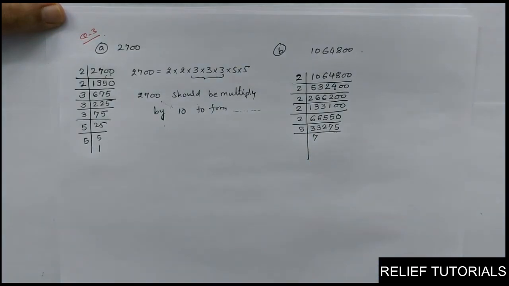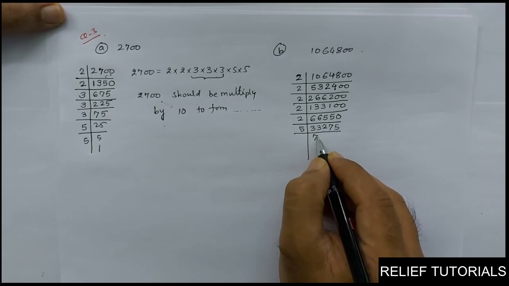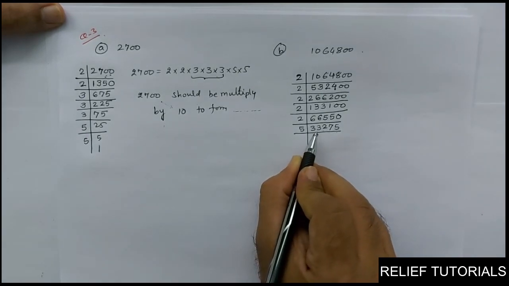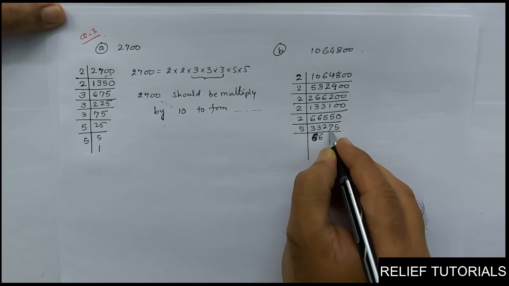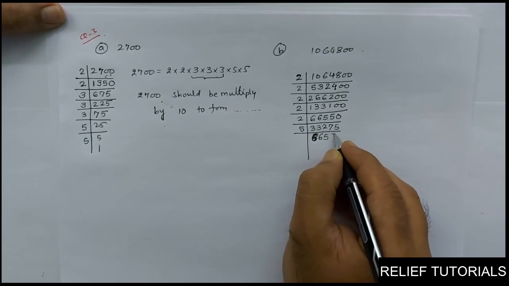5 sevens are 35. 5 sixes are 30, 3 left, 33. Again 5 sixes are 30, 2 left, 27, 5 fives are 25, 2 left, 25.